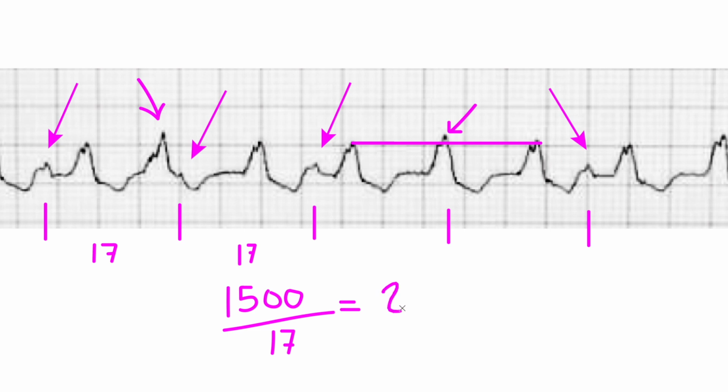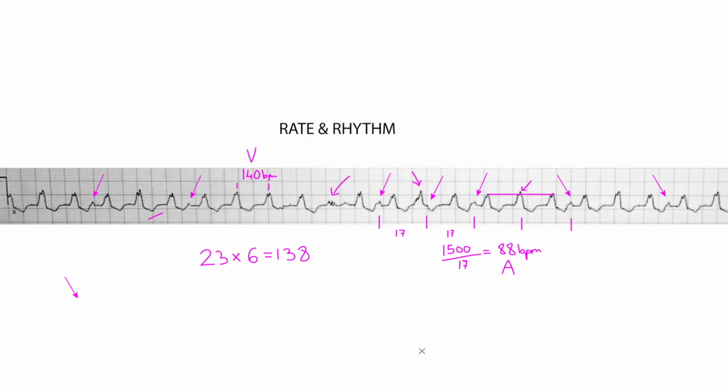All right, and what we get is 88 beats per minute. So if this indeed is atrial activity, it's happening at a much lower rate. And the ventricular rate is faster. The ventricular rate is at 140. The atrial rate, if indeed it is atrial rate, is happening much slower.